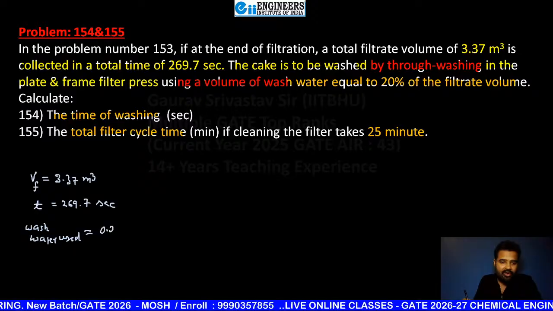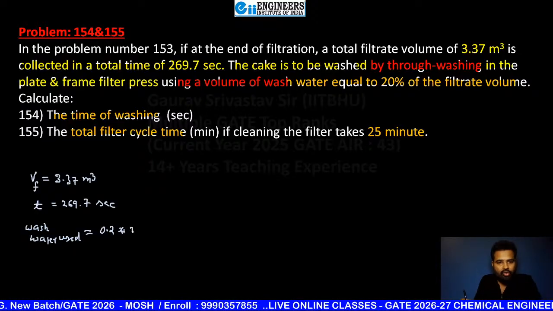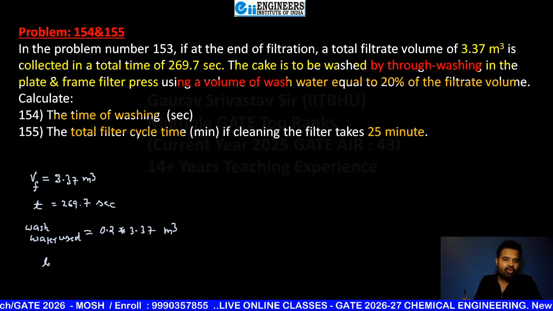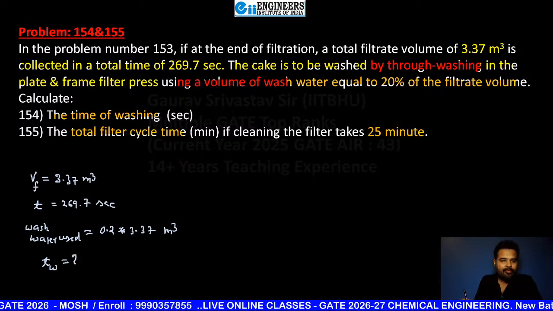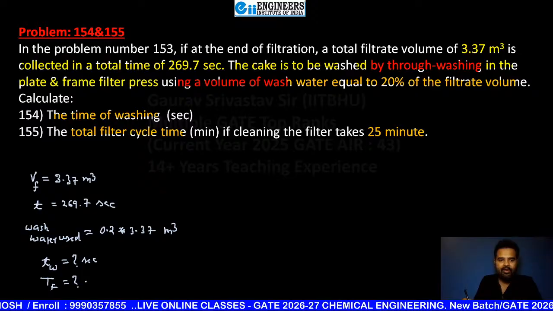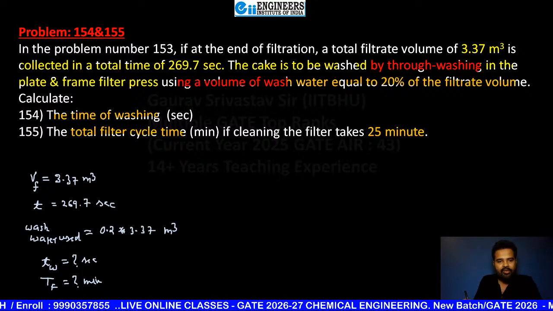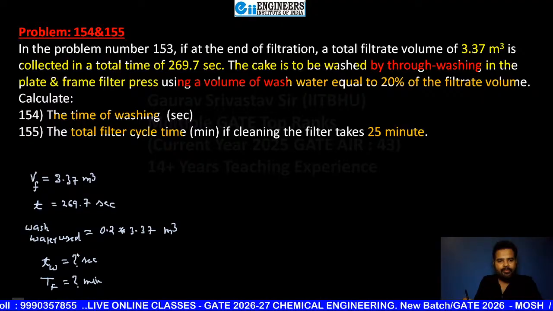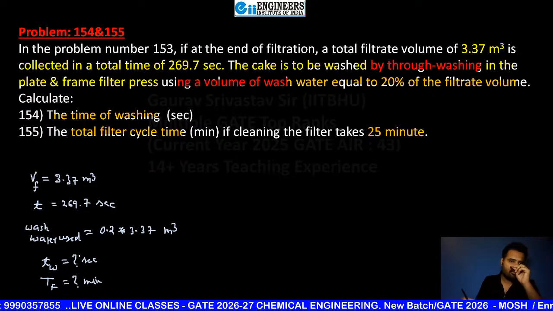So 0.2 into 3.37 meter cube is the wash water used. Now you need TW, the time of washing, and the total filtration time, capital TF. This one is required in seconds and this one in minutes. No need to worry, very easy to solve here.